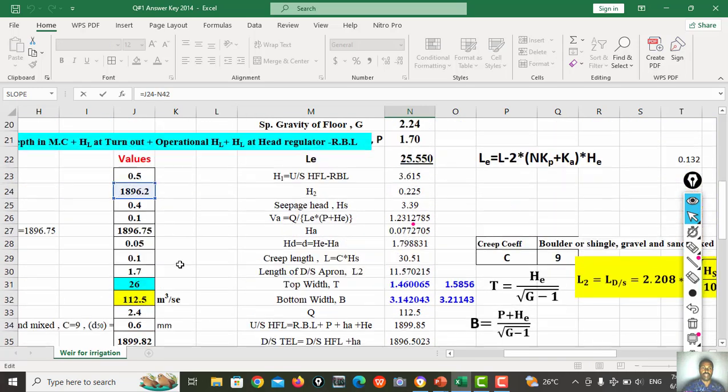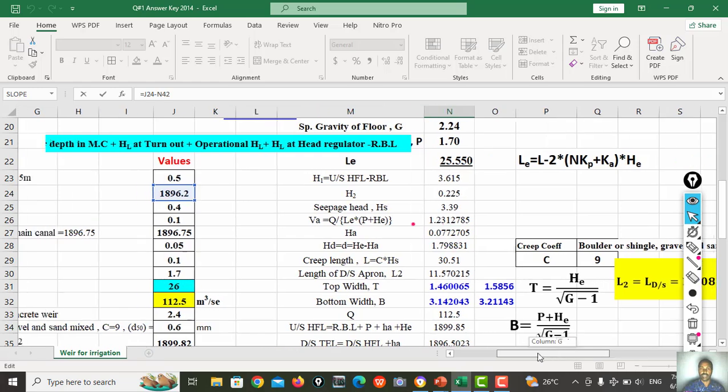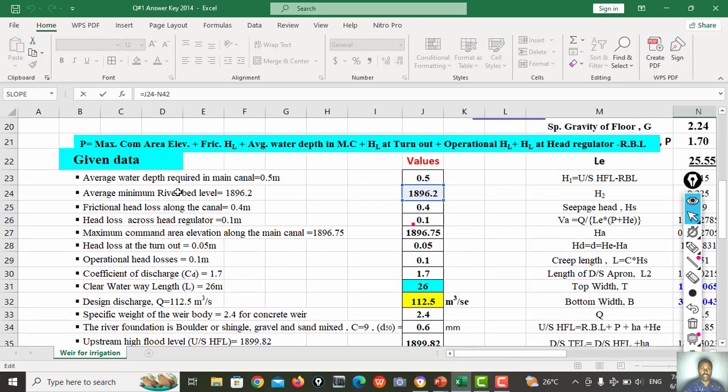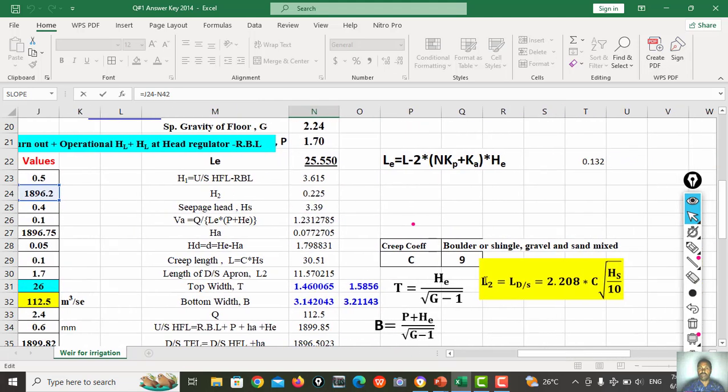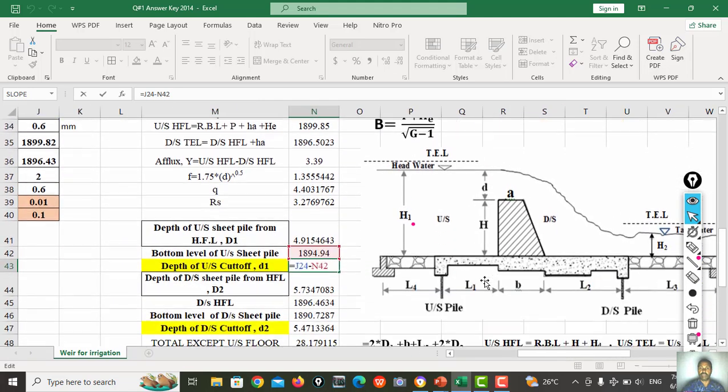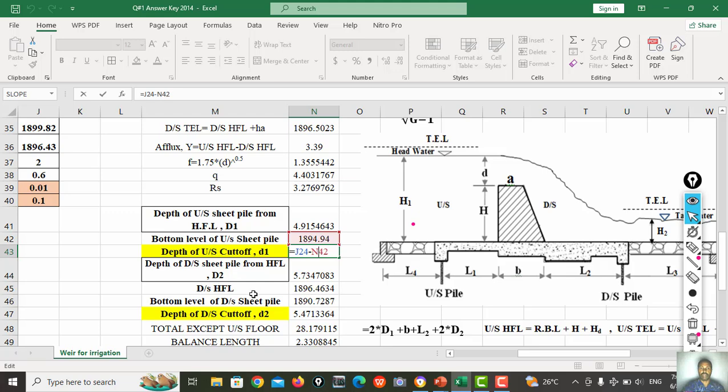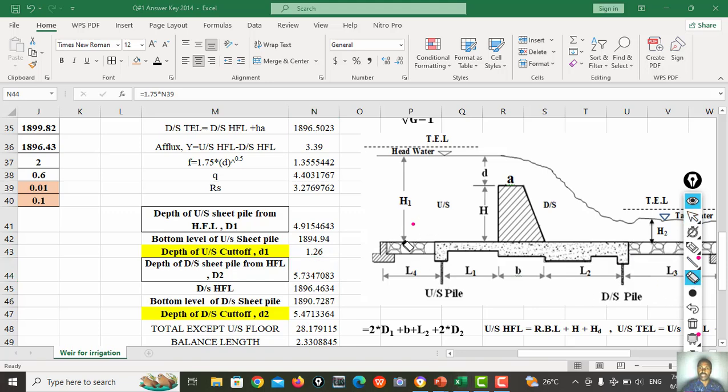So the river bed level is this one, the average minimum river bed level. So you subtract the bottom level from the river bed level. This is the bottom level. So you have the upstream cutoff, this one. This cutoff will be 1.6.